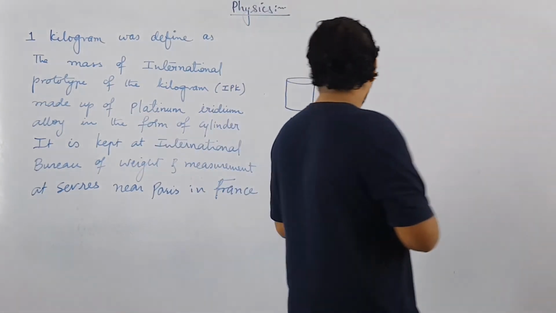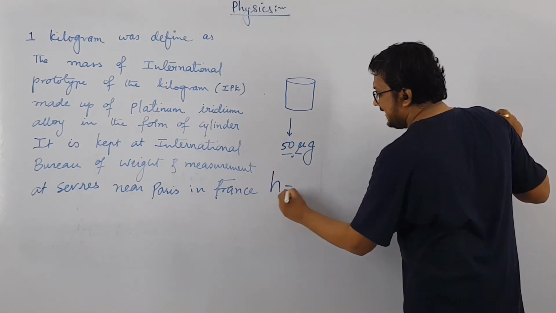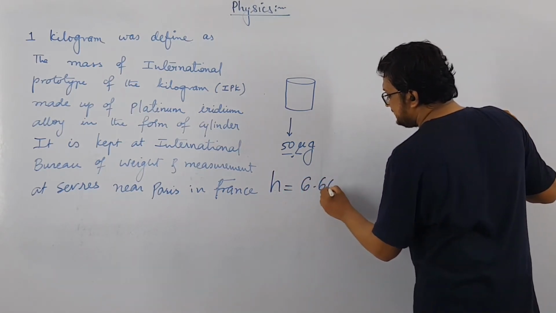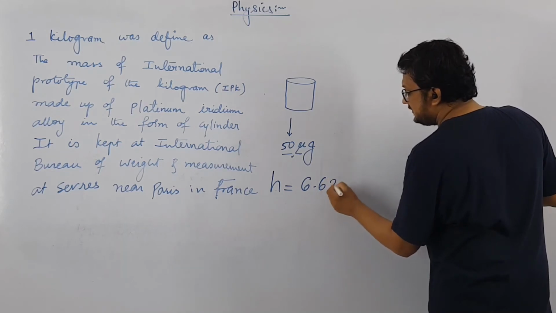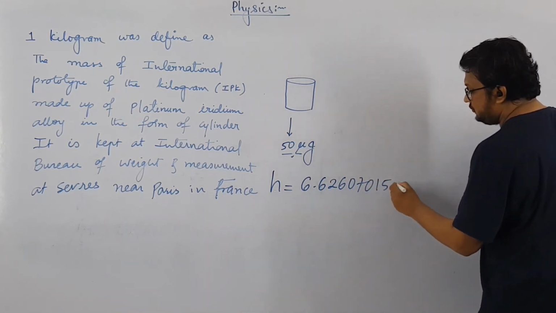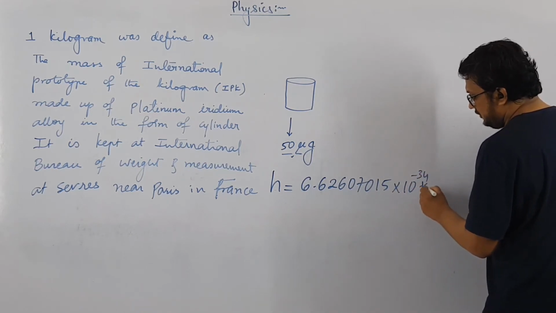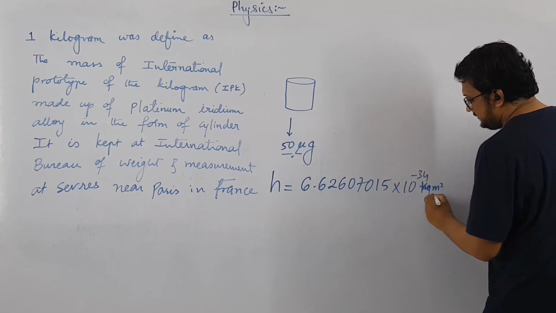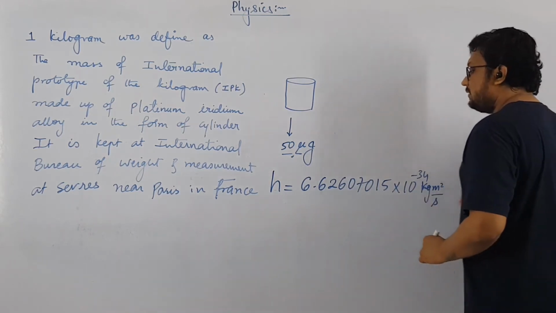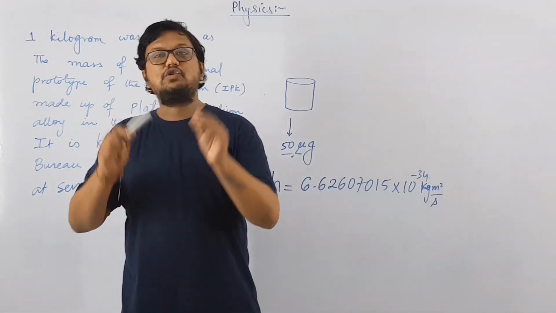The value of Planck constant h was calculated as 6.626070015 into 10 to the power minus 34 kg meter square per second. Right, kg meter square per second.